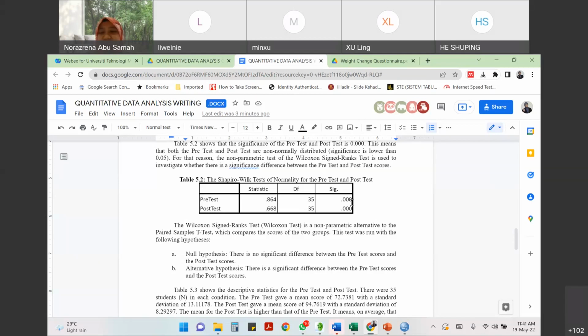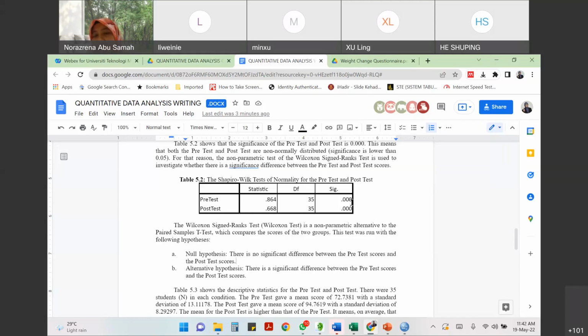Okay. Yes. Thank you. The next question is that can we say that ratio scale is continuous? For example, the height is always a continuous variable. Is that right? Yeah, ratio scale is continuous, but when you collect data in different way, it can be discrete.